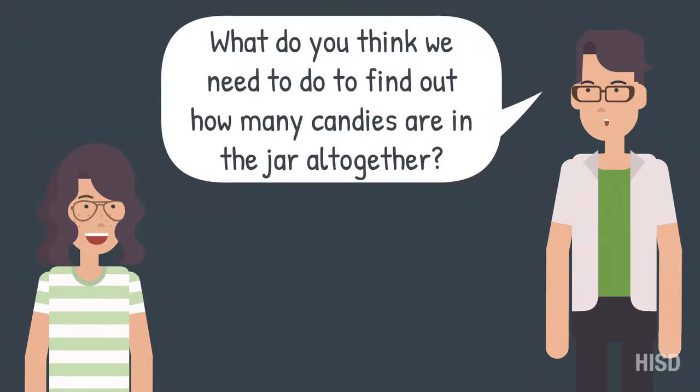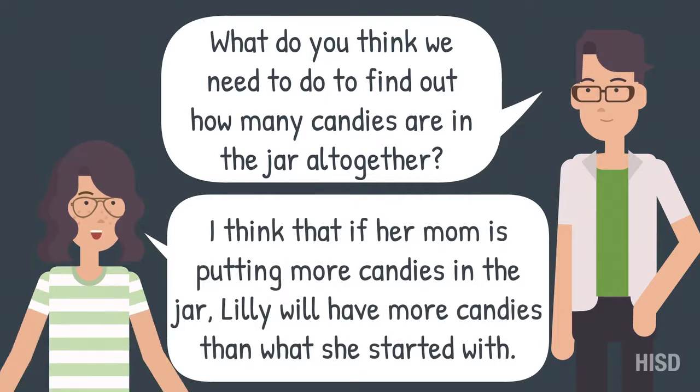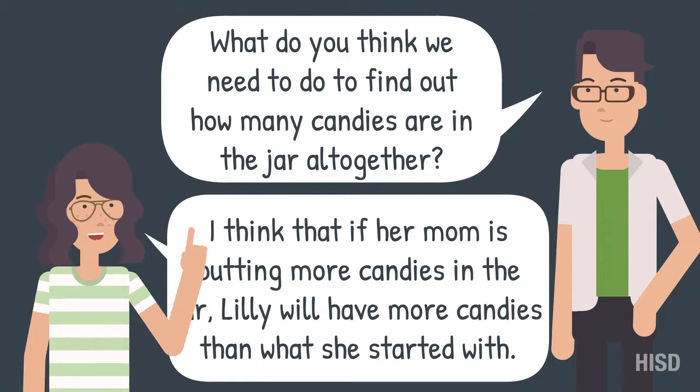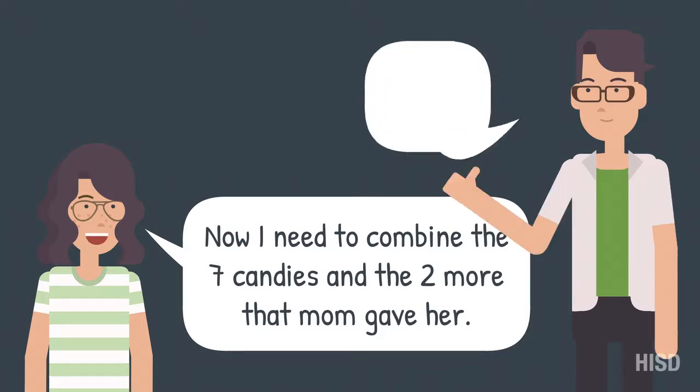What do you think we need to do to find out how many candies are in the jar altogether? I think that if her mom is putting more candies in the jar, Lily will have more candies than what she started with. Now I need to combine the 7 candies and the 2 more that Mom gave her. That's right.